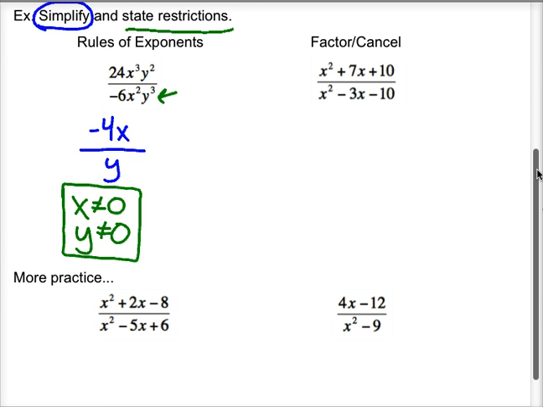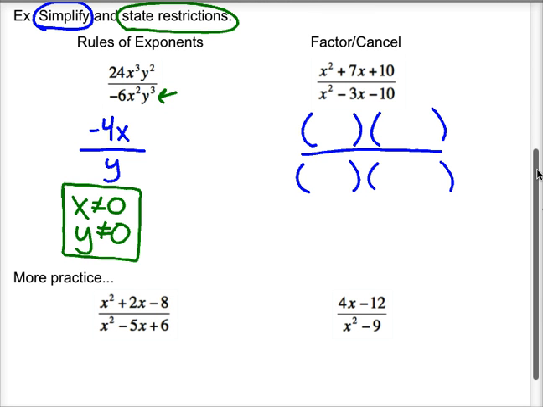The other piece, sorry, I'm going to be doing restrictions in green. The other piece of this is factor cancel. Now, what I mean by factor cancel is, let's look at this. The top, x squared plus 7x plus 10, I can factor that to x plus 2, x plus 5.